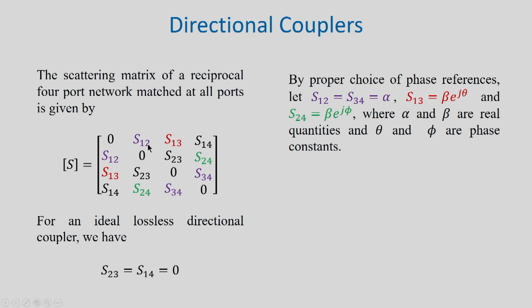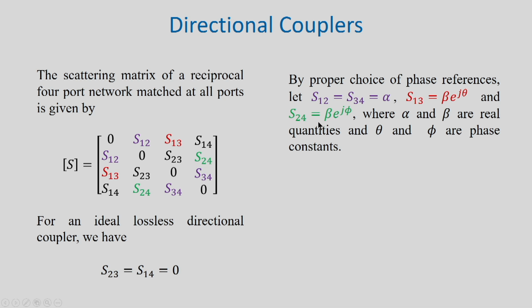So, S12 and S34 are set equal to alpha, and S13 equal to beta e to the power j theta, and S24 magnitude is same as S13, but it has a different phase.